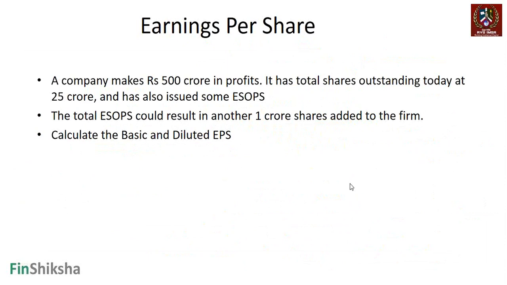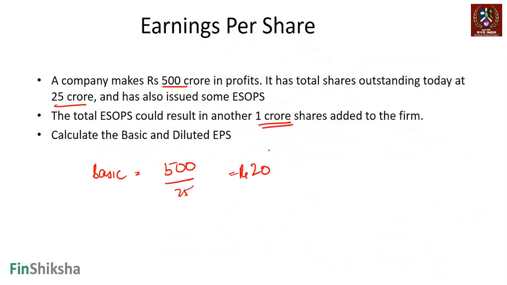Let's take another example. Now we are saying the company has 500 crore in profits, 25 crore shares outstanding, same as earlier, and there is no preferred dividend this time, right? So effectively the basic EPS is going to be 500 by 25, that's rupees 20 per share, right?